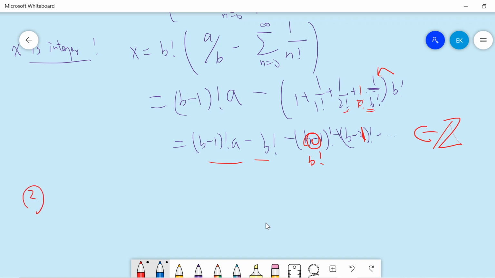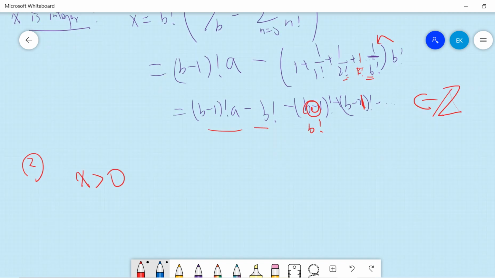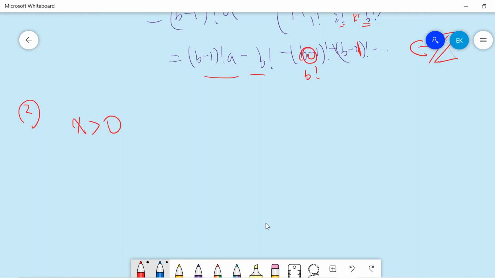The second property: I want to show that x is larger than 0. It's a very standard result, since we know that e has this Taylor expansion.